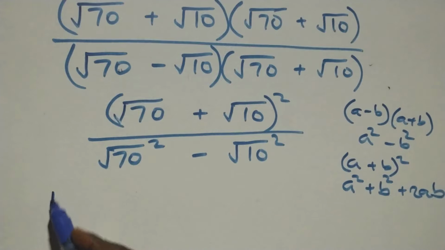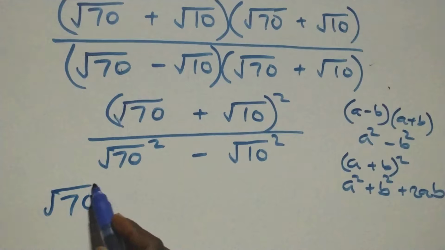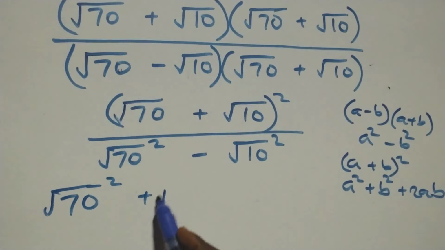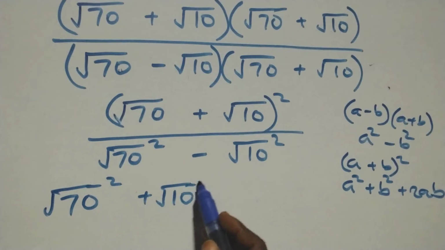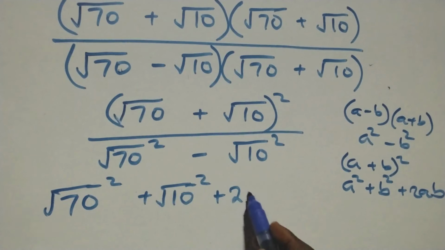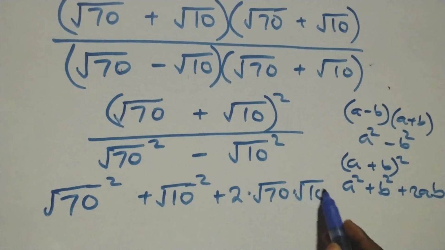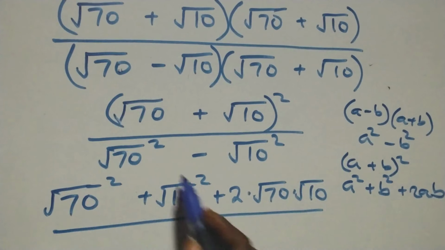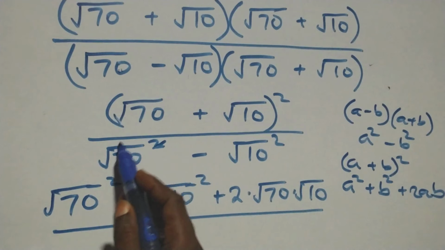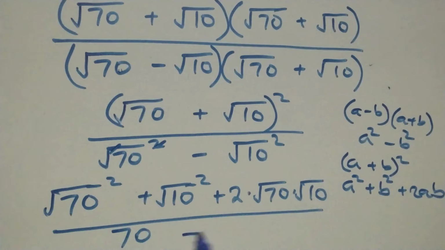That is, here we have root 70 squared plus root 10 squared plus 2 times root 70 times root 10, which is divided by, here, square and square root cancel, we have 70, then minus, also square and square root cancel, that's 10.